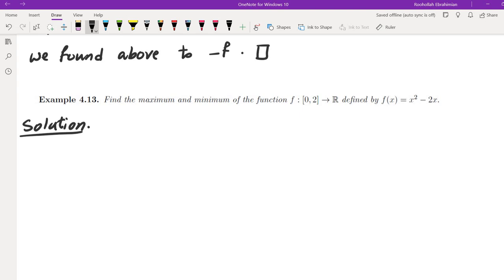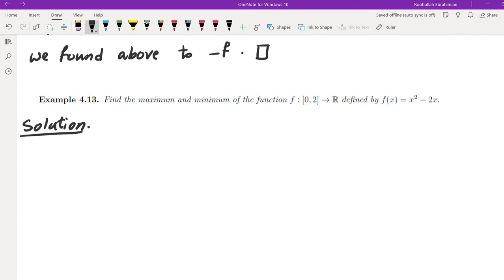It was a very existential proof. It didn't give us a roadmap to find the maximum and minimum. That is something that we will build. You have seen the tools in single variable calculus, and we will build these tools later on in the course when we talk about derivatives.